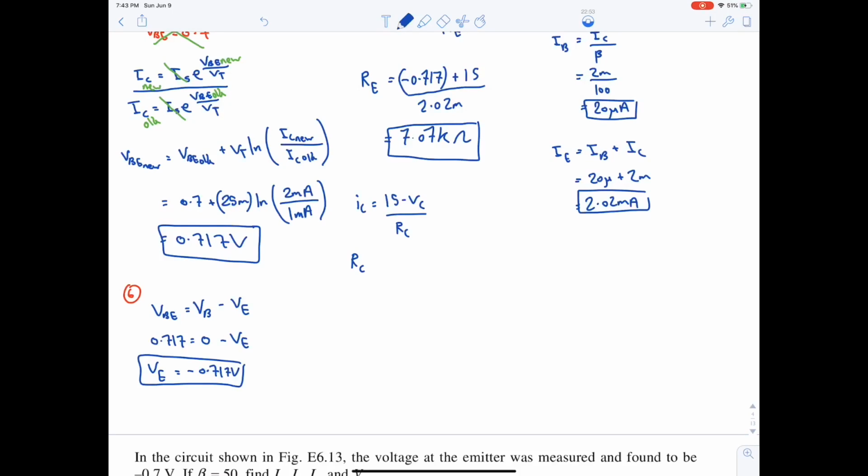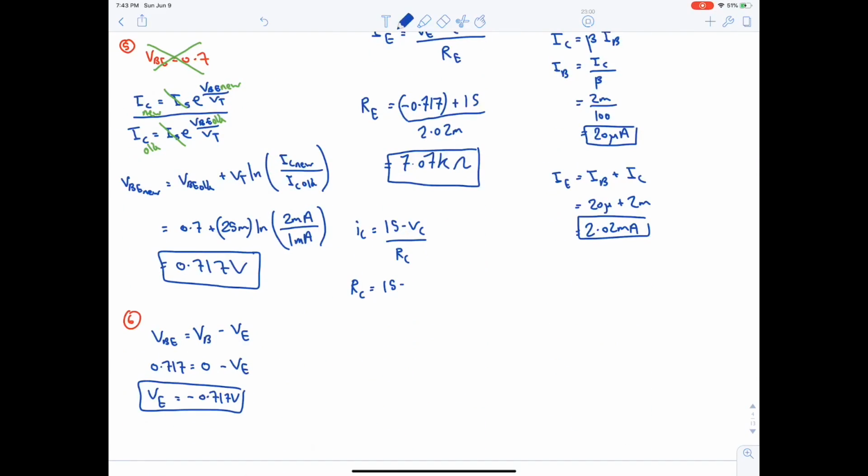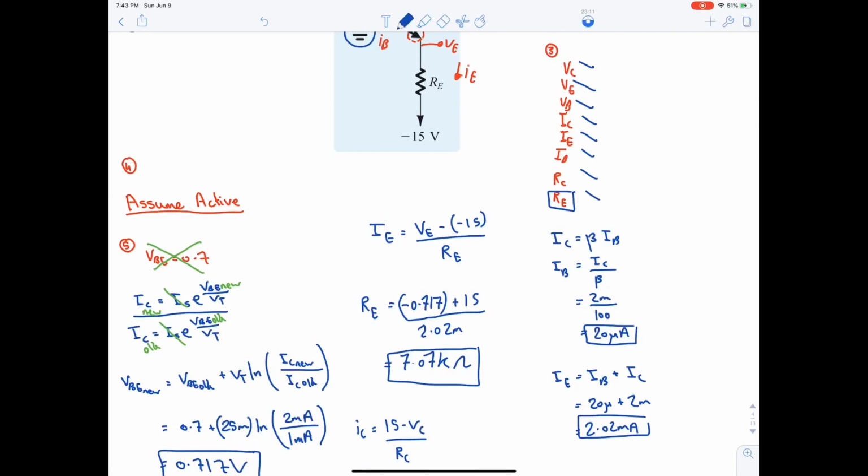Hence RC is equal to 15 minus VC, which is 5, over IC, which is 2 milli, and this will result in 5 kilo ohm. Okay? Now we have found all the unknowns. The only step left is to check, because all of these answers are based on an assumption.